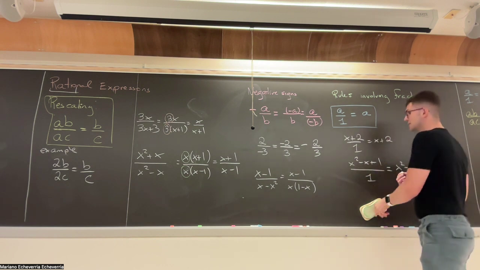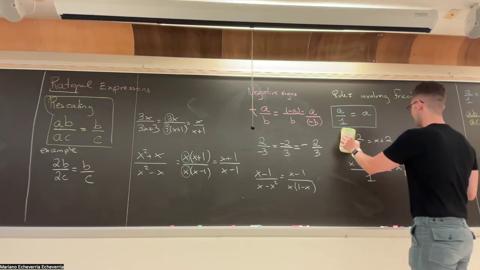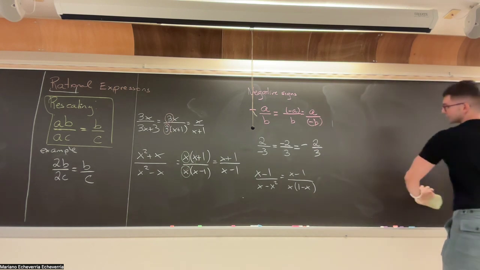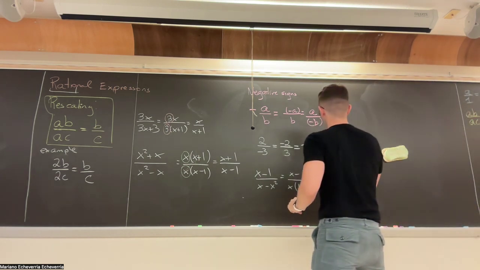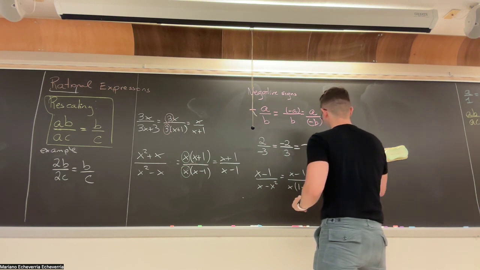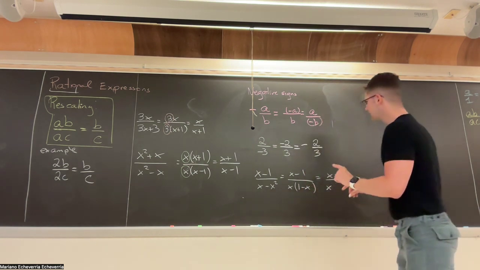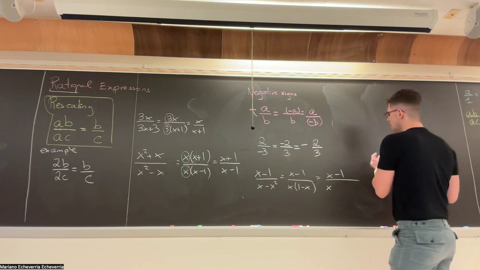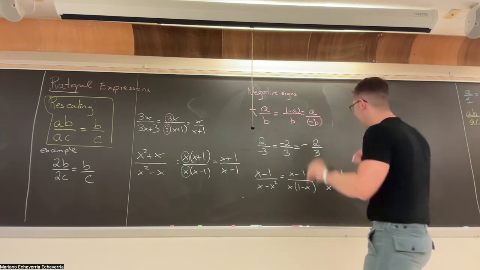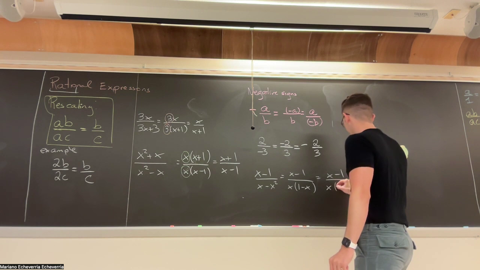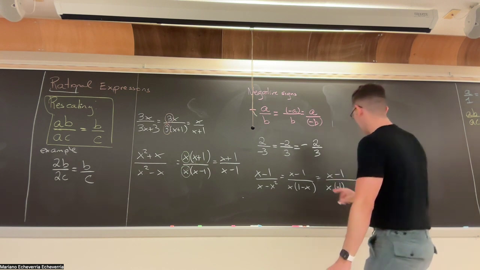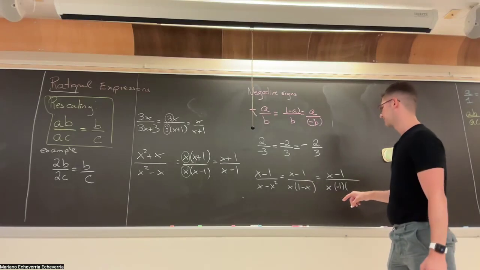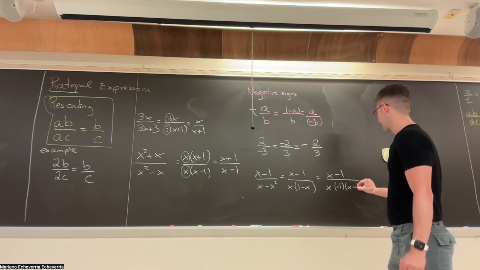One way to simplify this further, which is what I'm trying to get at with the properties of simplification, is to put the numerator x minus 1, and I want x to start with a positive value. So one way to do that is to factor out a -1 from x minus 1. And the effect of doing that is that it flips the sign.